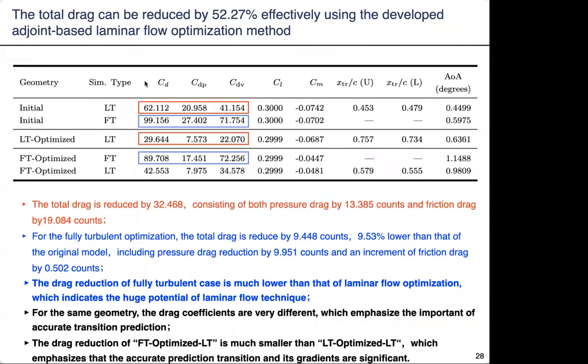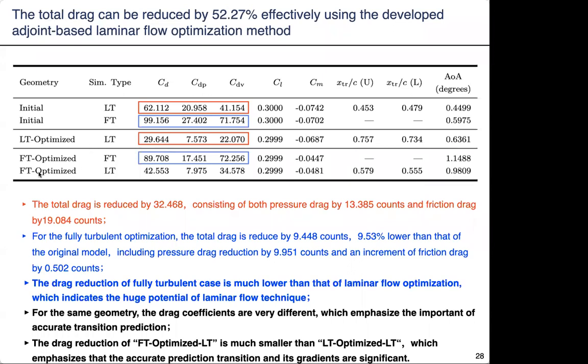As a result, the total drag is reduced by 52.7%, and both the pressure drag and the friction drag are reduced. Well, for the fully turbulent optimization, the drag reduction is only 9.5%, and it is mainly the pressure drag reduction. There is even an increment of the friction drag.